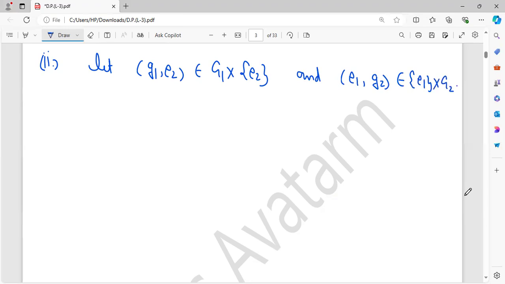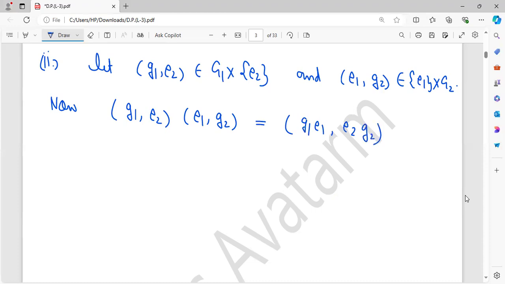We have to show that both the elements commute. Okay. Now what is (g1, e2)(e1, g2)? This is nothing but (g1 e1, e2 g2). So this is g1 and this is g2. And we can write the same thing as (e1 g1, g2 e2), because e1 is the identity in G1 and e2 is the identity in G2.